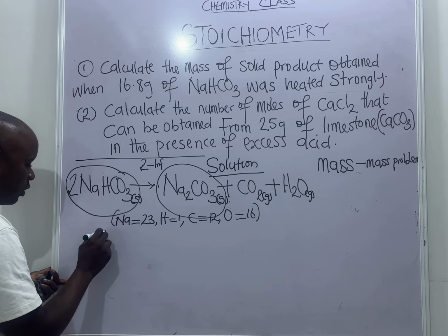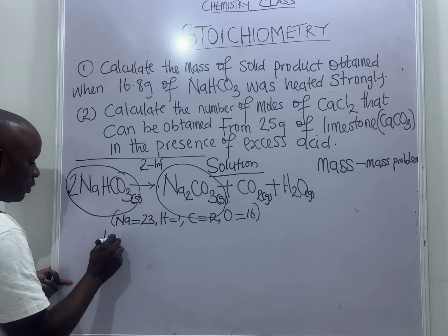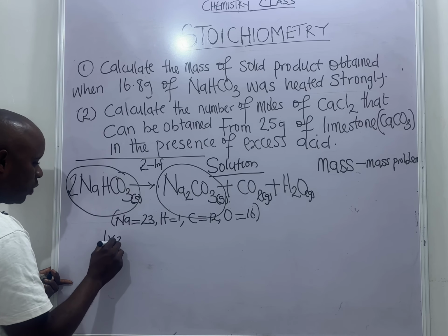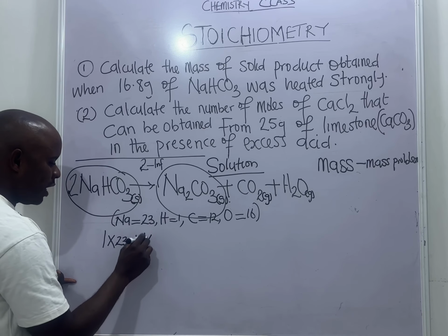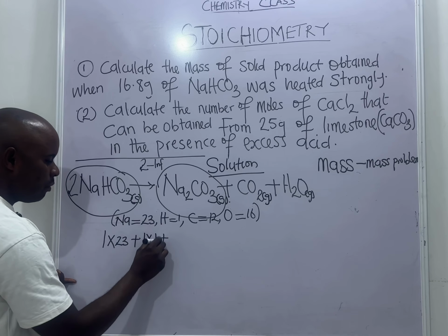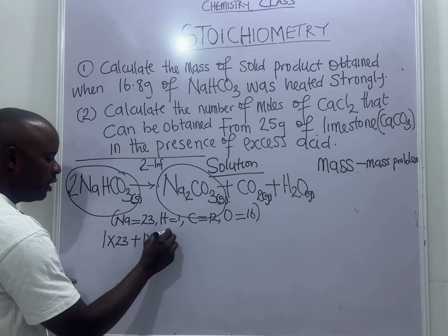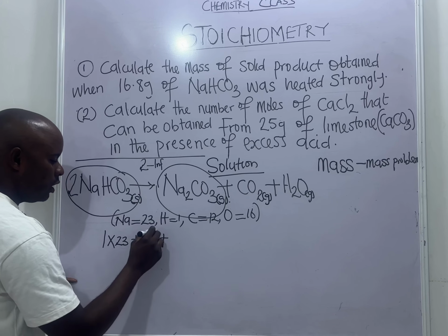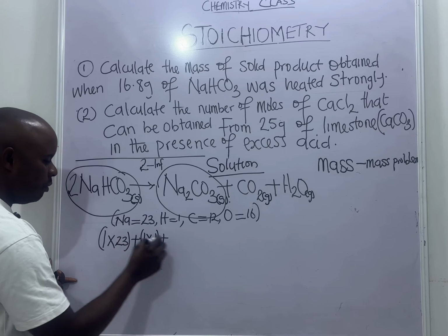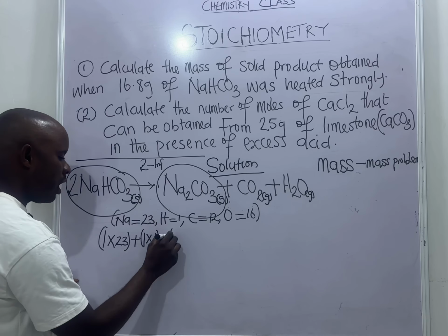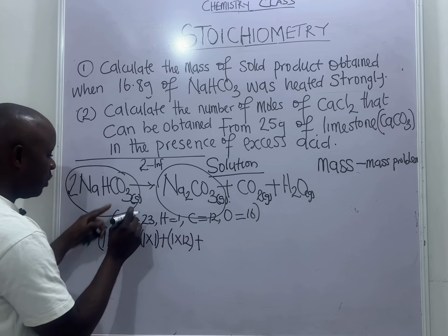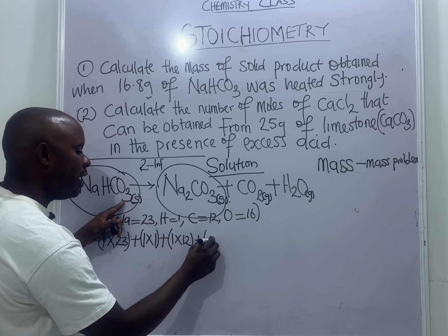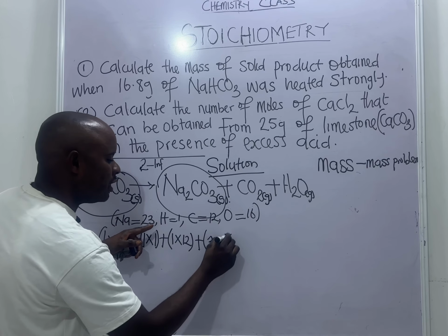Sodium occurred one time. The sum total of the relative atomic masses is the molar mass. So we use addition: 23, plus hydrogen occurred only once, 1 times 1, plus carbon occurred once here, times 12, plus oxygen occurred 3 times, relative atomic mass of oxygen is 16.